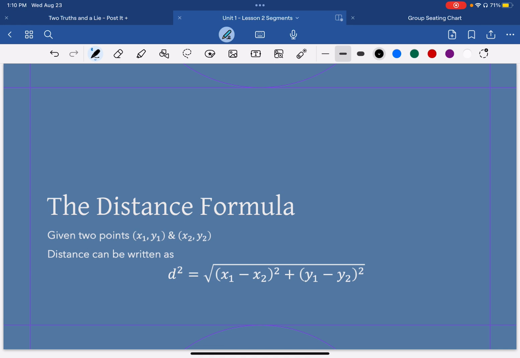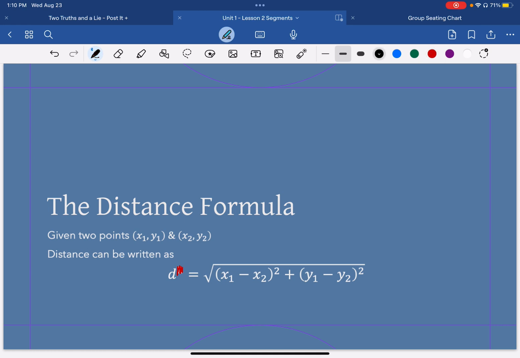And just for clarification, don't write this. Don't write that, okay? It is just d equals the square root of the difference of x's squared plus the difference of y's squared.